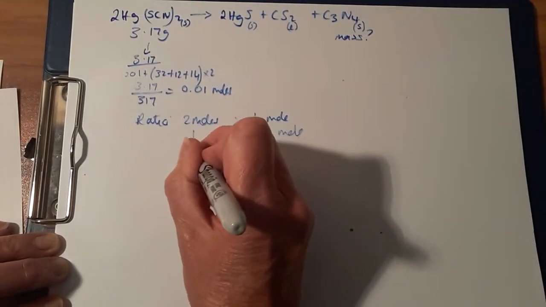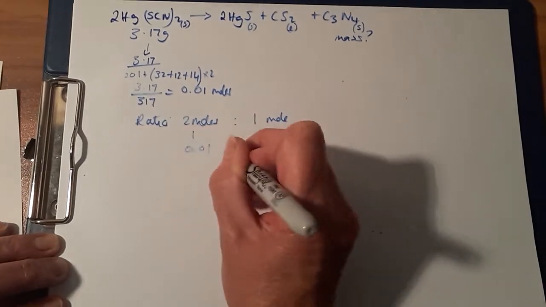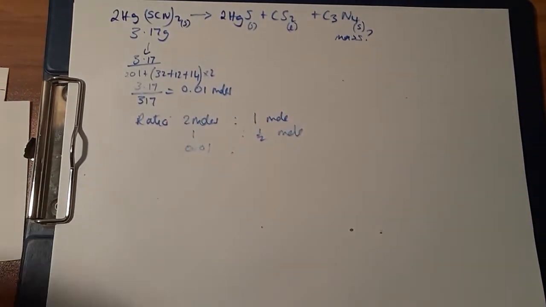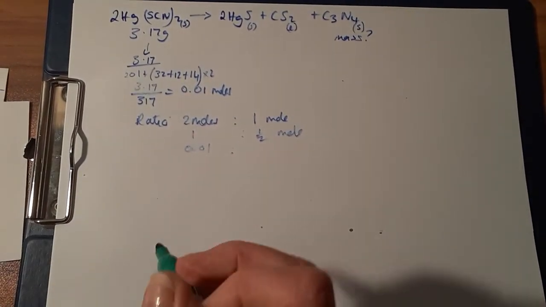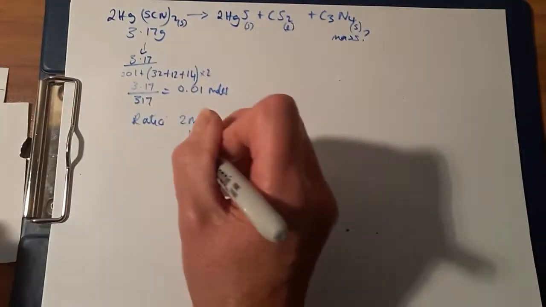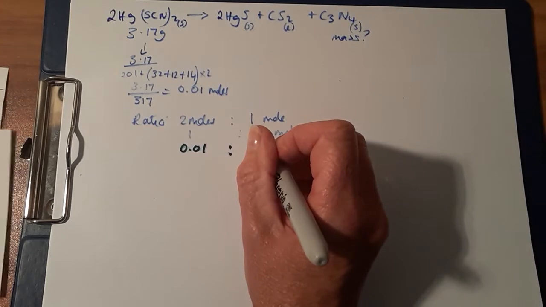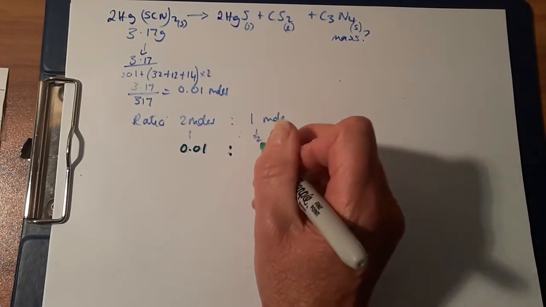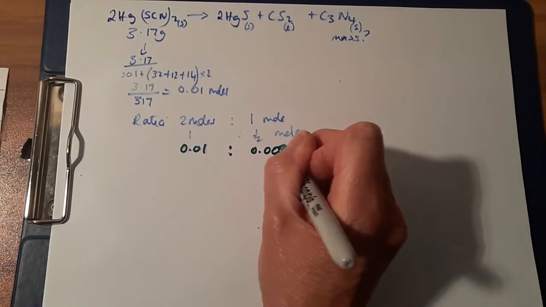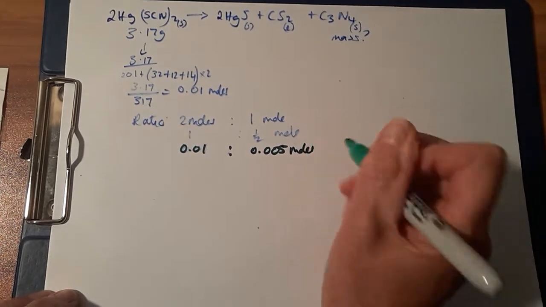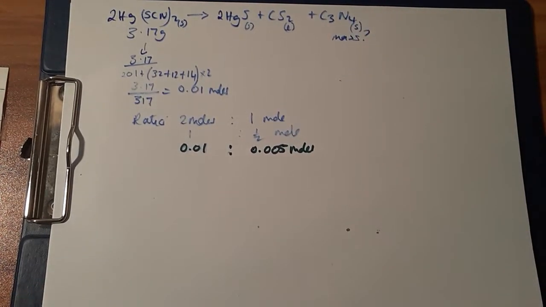So 0.01 moles will give me half the amount of that, which is 0.005 moles of this one here.